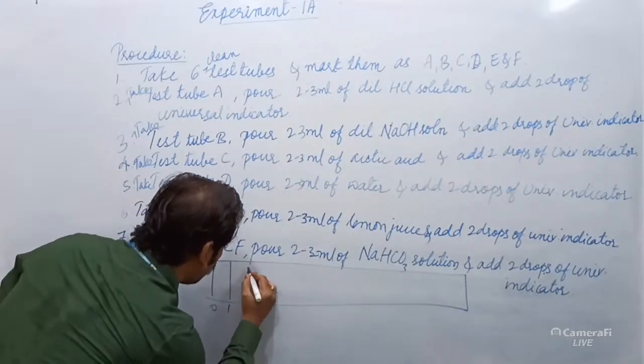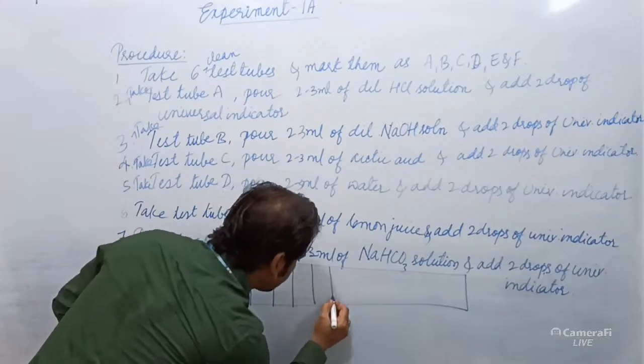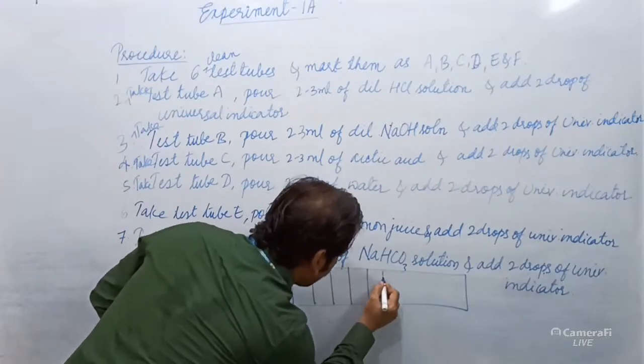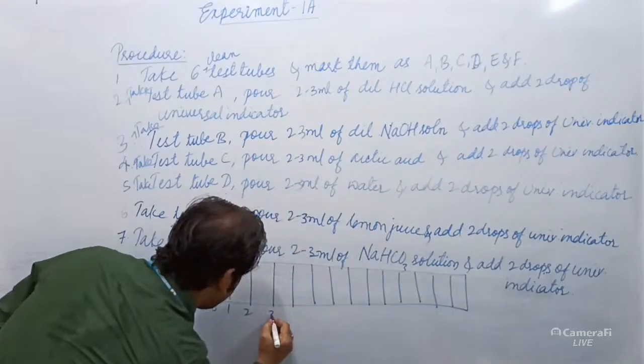The pH values go 0, 1, 2, 3, 4, 5, 6, 7, 8, 9, 10, 11, 12, 13 and 14.